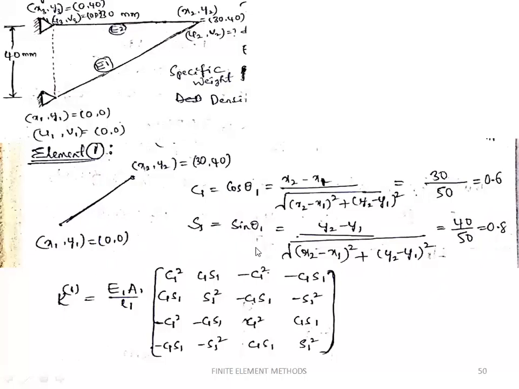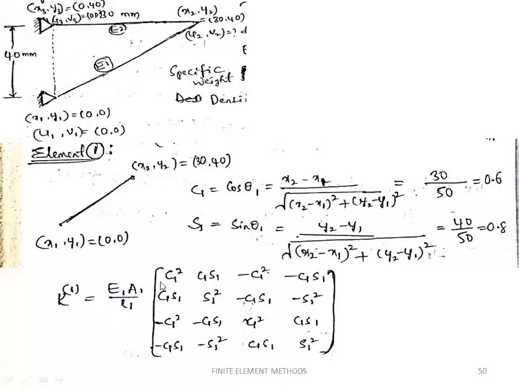The first element stiffness matrix is given like this. K1 for a truss element is equal to E1 A1 divided by L1, into this 4 by 4 matrix.